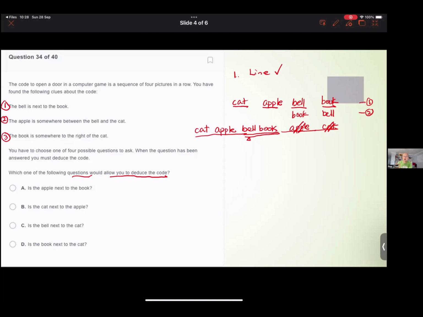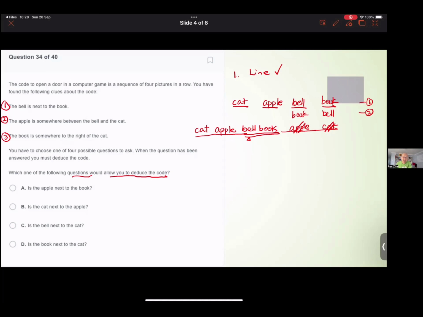So if we know there are two possibilities, then the question is going to be very easy: we look through A, B, C, D to see which question can confirm for us whether it is possibility 1 or possibility 2. Which question can confirm the result for us, right?